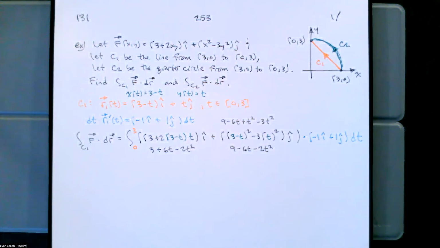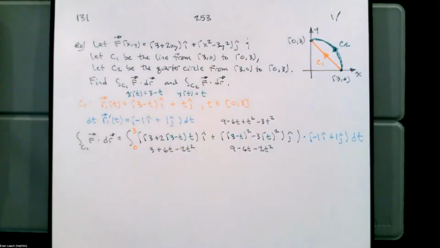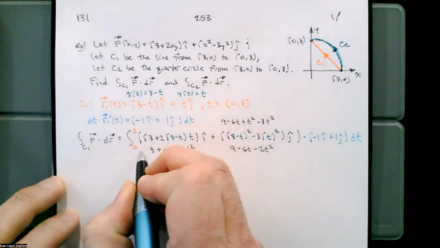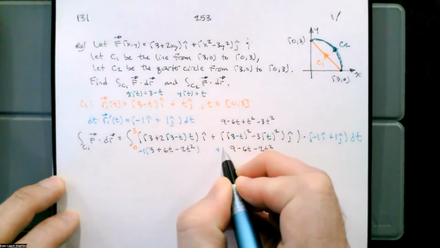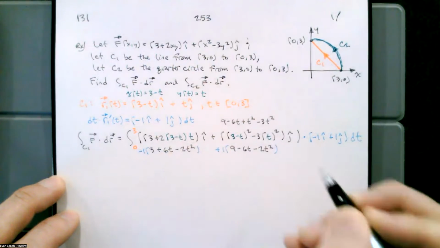My dot product is going to be -1 times the I component plus 1 times the j component.